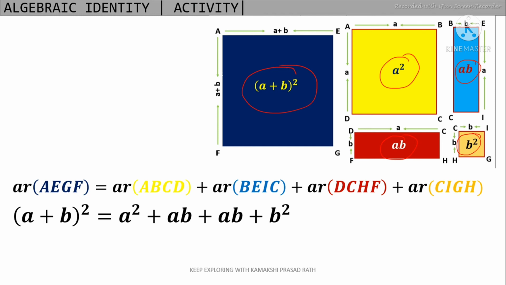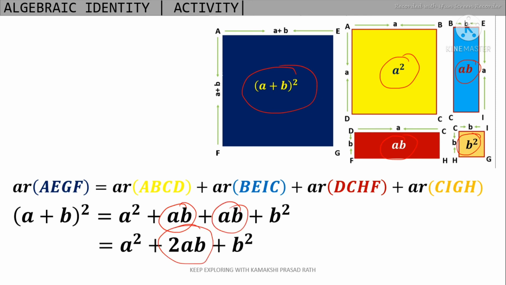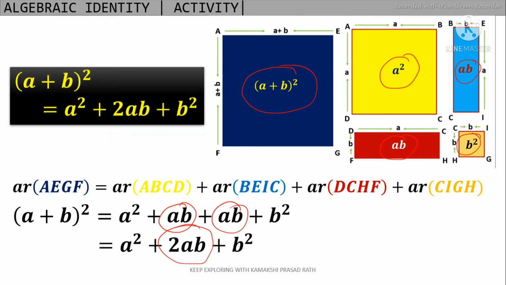Now if we simplify the right hand side, ab plus ab, we get 2ab. Hence we get our identity (a + b) whole squared is equal to a squared plus 2ab plus b squared.